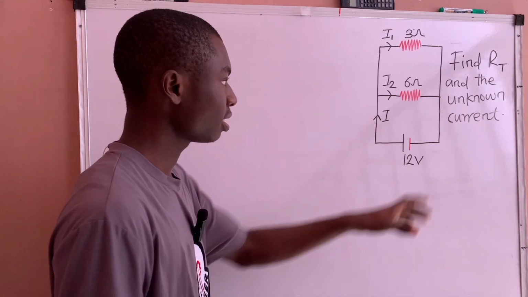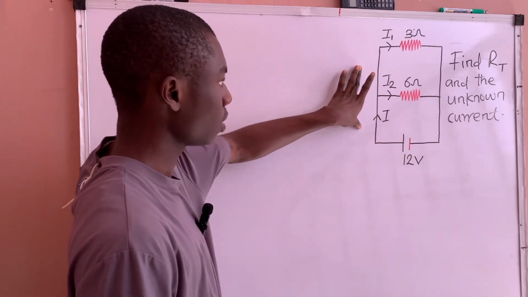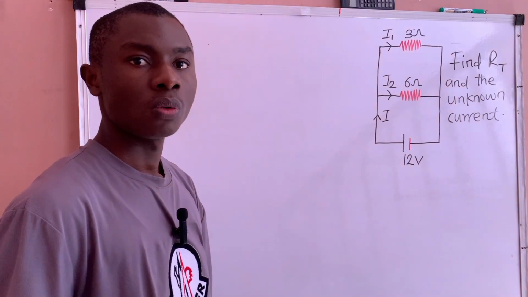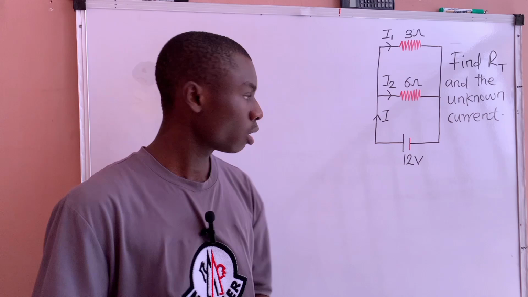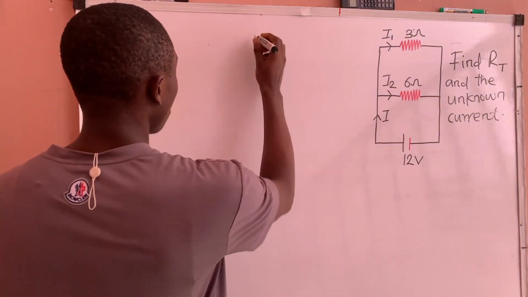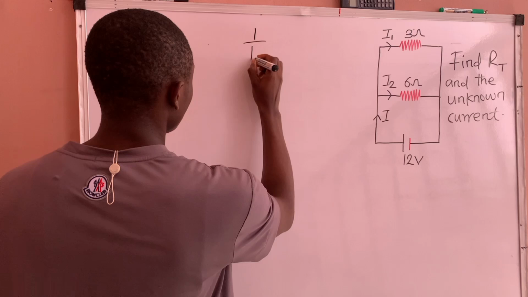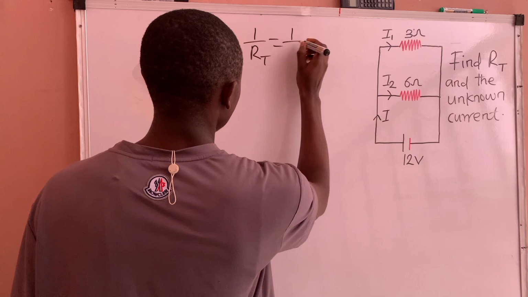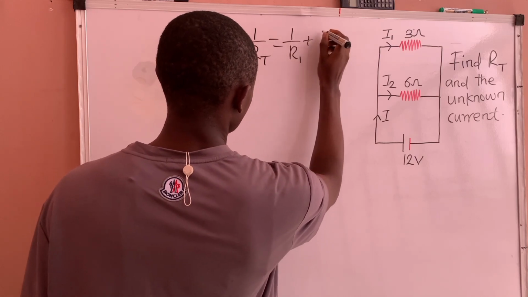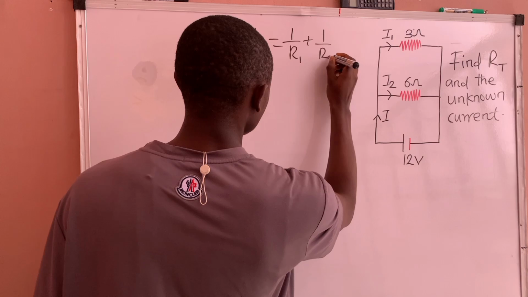Remember, to find the total resistance in a parallel circuit, and this is a parallel circuit, we will use the standard formula: 1 over R_T equals 1 over R1 plus 1 over R2.